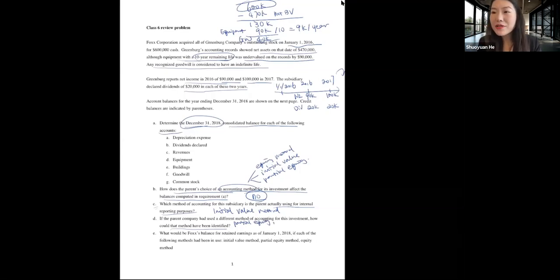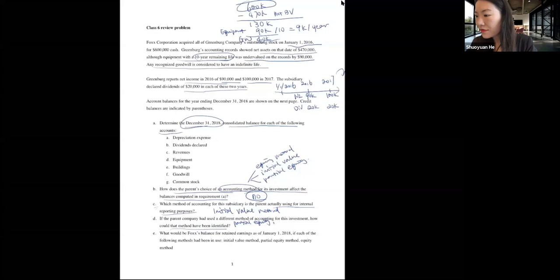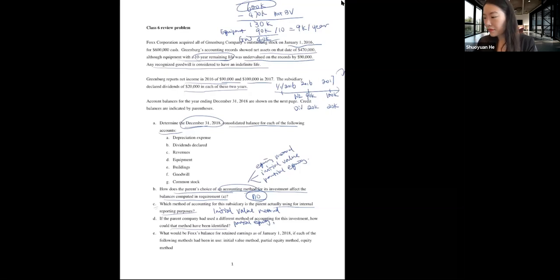If the parent has been using the partial equity method, what would be the amount for its investment account? So please take 5 minutes, think about it. How would the parent's accounts differ if the parent has been using the partial equity method or the equity method?